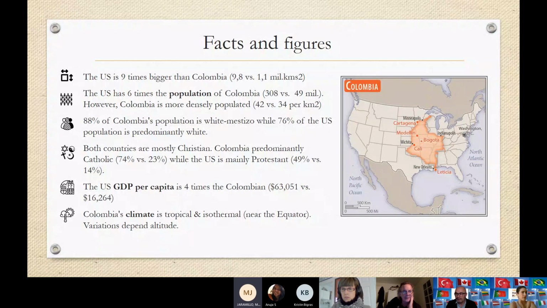No discussion about it. And this is just going to give you a glimpse of the relationship between the two countries and the effect that this relationship might have in our lives. So I just went through the area of the country, the population, the race or the ethnicity of both countries, the religious differences, and the GDP per capita and the climate.